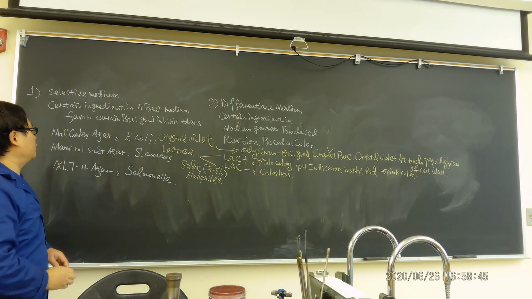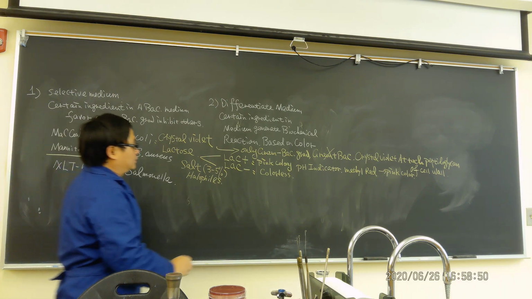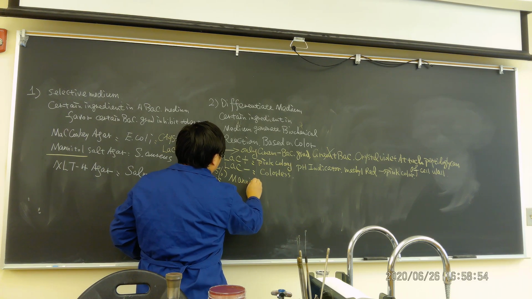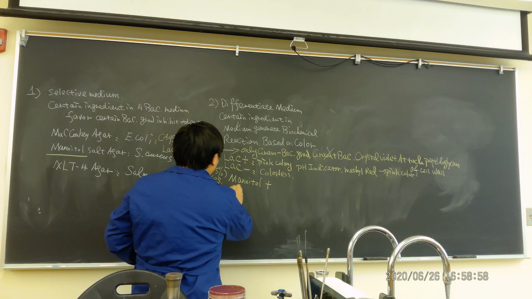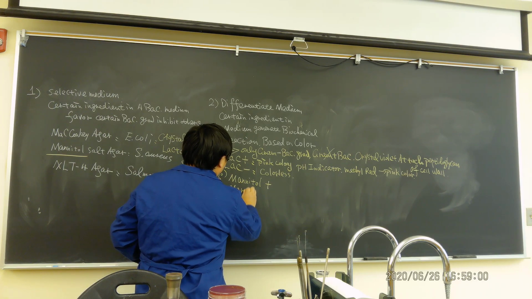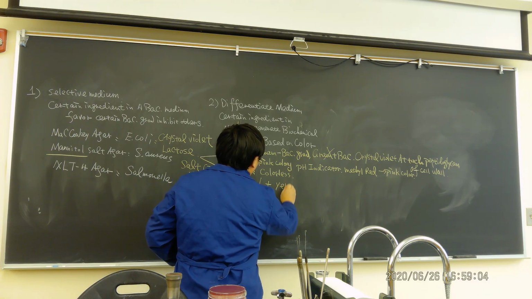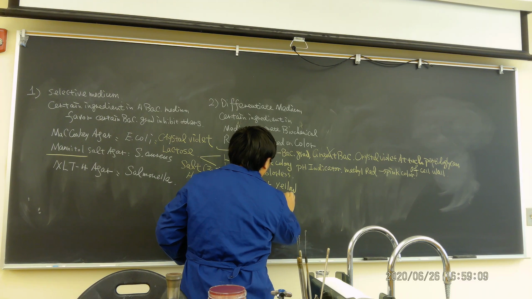Now, this is also a differentiated media because of mannitol. Mannitol is a sugar. So bacteria can be mannitol fermentation positive or mannitol fermentation negative. If mannitol fermentation positive, it is yellow color. If mannitol fermentation negative, it is colorless.